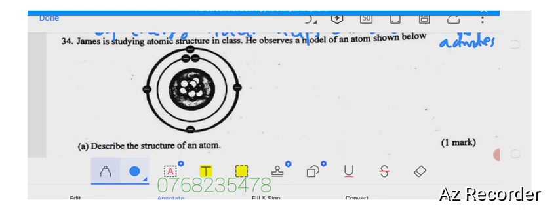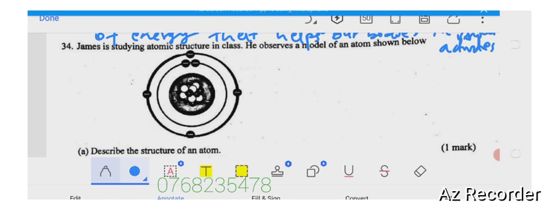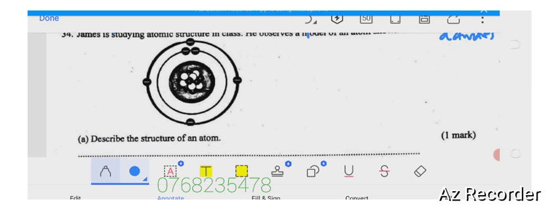Thank you for that. The next question. James is studying atomic structure in a class. He observes a model of an atom shown below. So this is a model of an atom. It has the nucleus, which contains protons and neutrons.